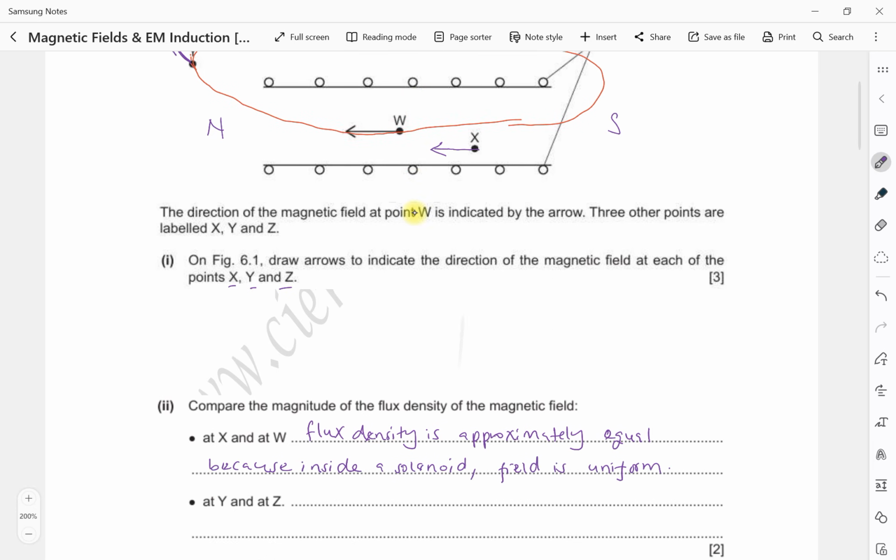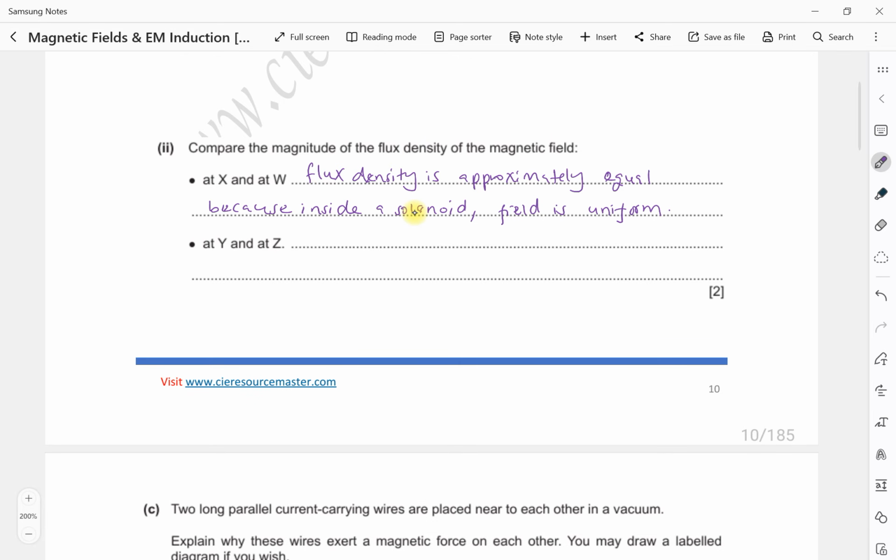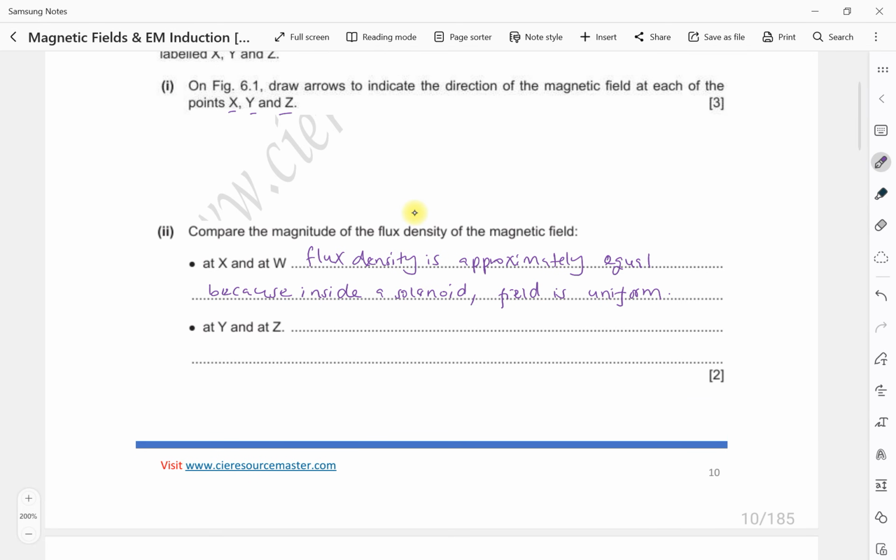So it means the flux density is greater at Y than at Z. So flux density is greater at Y than at Z. The reason? The ends of the solenoid behave like poles.